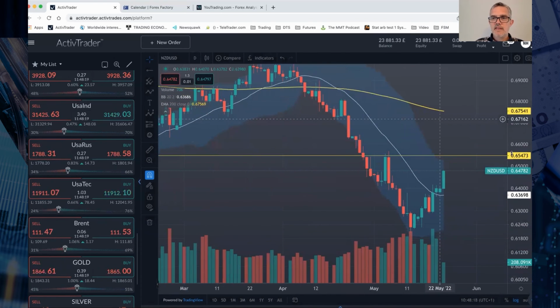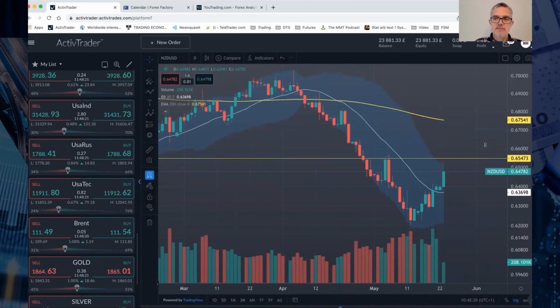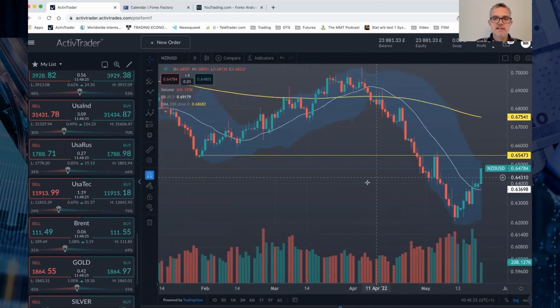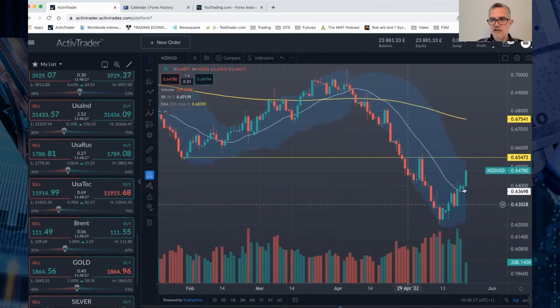This morning, with the RBNZ likely to raise rates by 50 basis points to take them up to 2%, it does look like the NZD/USD is the easiest long trade to take, looking like we're going to come up and test the 0.655. If we look to the left, back in January, the beginning of the year, that acted as a support level. Then it acted as resistance on the 4th of May and 5th of May.